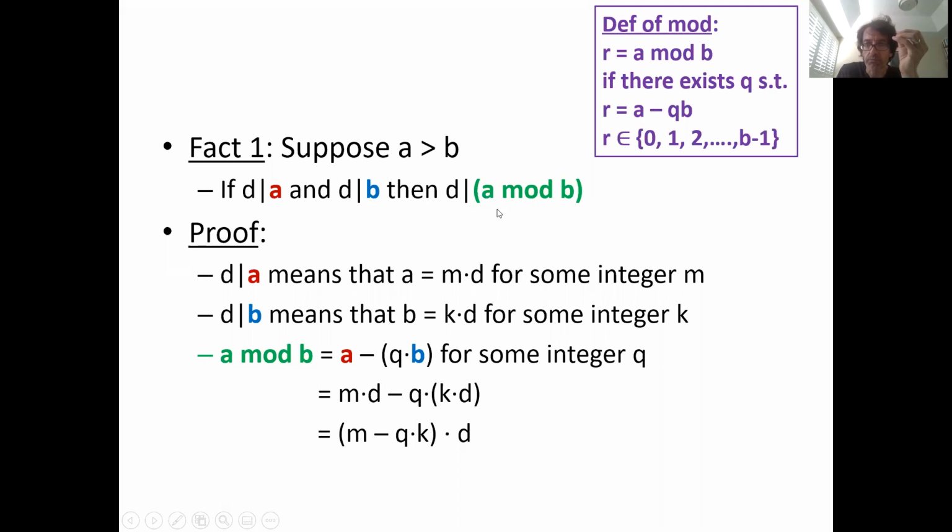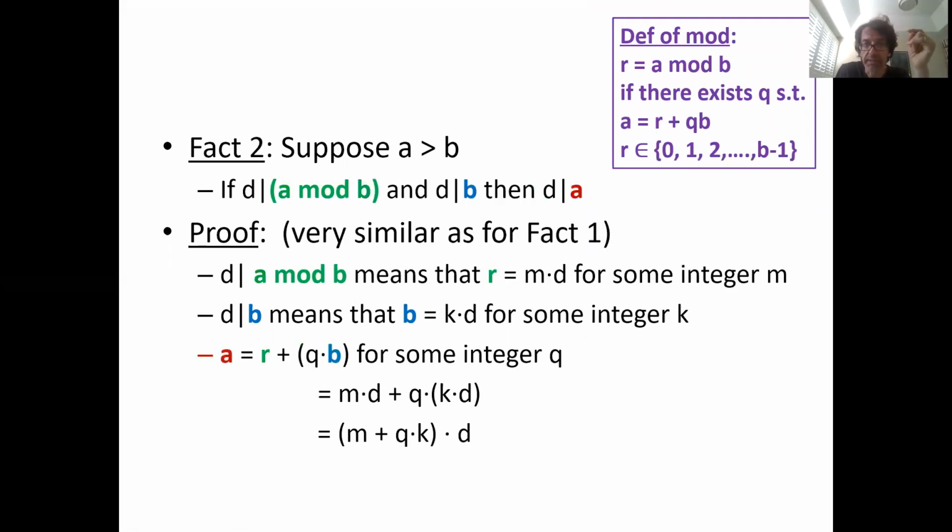Whatever was a common factor between A and B must also be a common factor between B and this reduced integer. But the second question is, you didn't lose any common factors, but perhaps by modifying the question from what's a common factor between A and B to what's a common factor of B and A mod B, you created some new factors. Well, that's the second fact. No, you didn't.